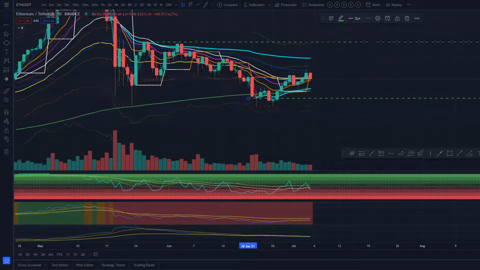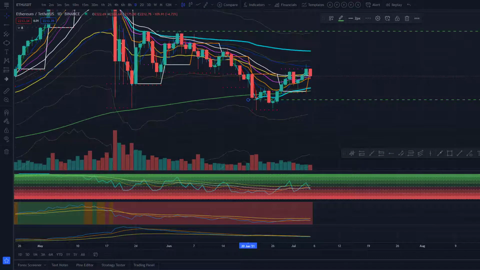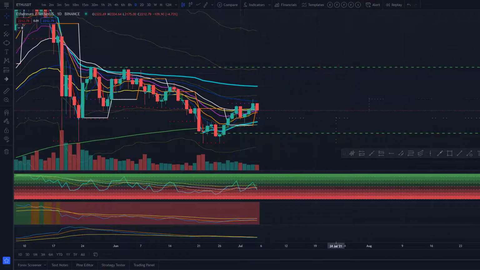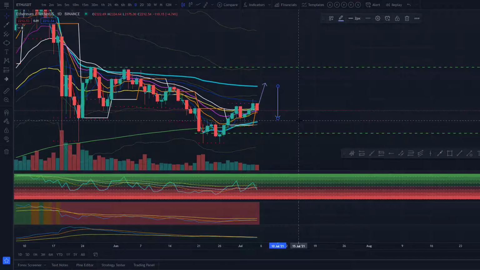And really, if you look at this daily here, we could just bounce between this VWAP and this VWAP, which would support the thesis of what I'm talking about for a flash crash.